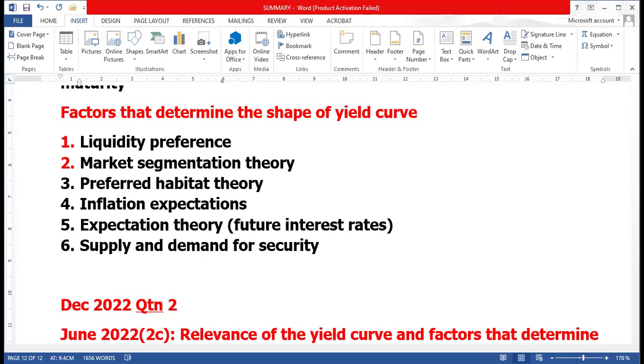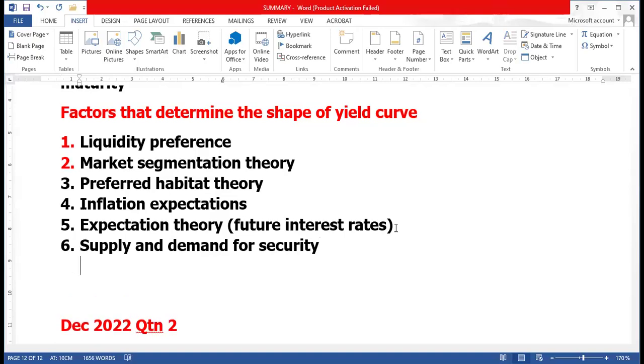If there is too much demand for a security, what will happen? Their price will increase. If there is too much demand, what do you do as a supplier or as a seller?